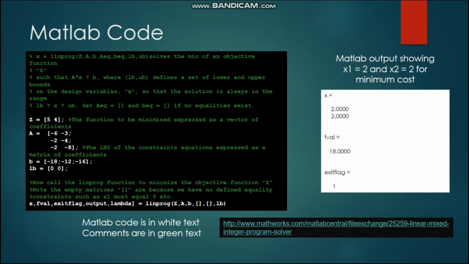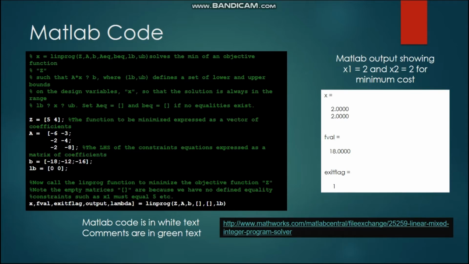Now MATLAB's linprog function has one limitation. You must provide the inequalities as less than or equal to inequalities. So in this case, the A matrix represents the left hand side of those constraints should they have been converted into less than or equal to inequalities.